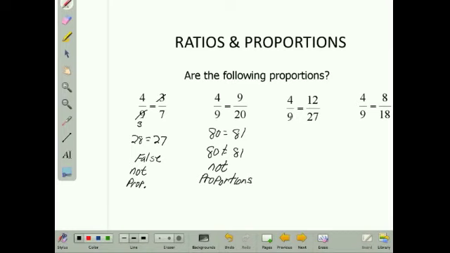Now you notice that when I'm doing this, I'm going from bottom to top and from bottom to top. 9 times 12 is 108. 27 times 4 is also 108. So these are proportions.